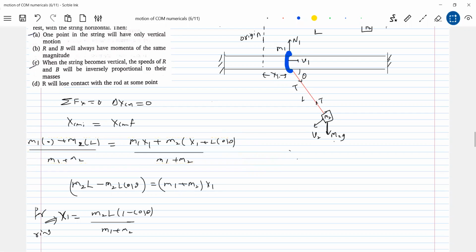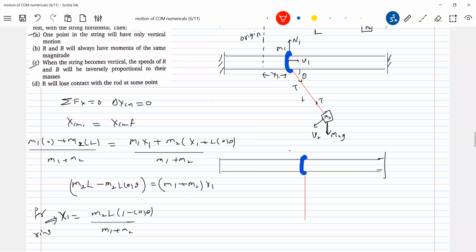So finally, we'll go for what happens when the string becomes vertical. This is one instant it can happen, like this, no?